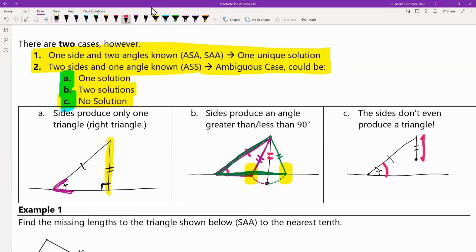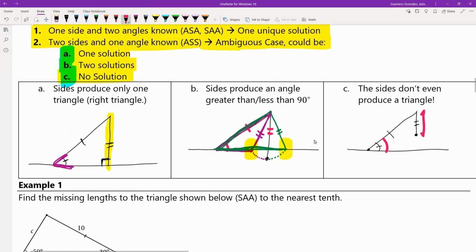You'll get a DNE, okay? But this is essentially what happens when you have no solution under the law of sines. That basically you tried to draw a triangle with one side that wasn't going to match a triangle at all anyway.